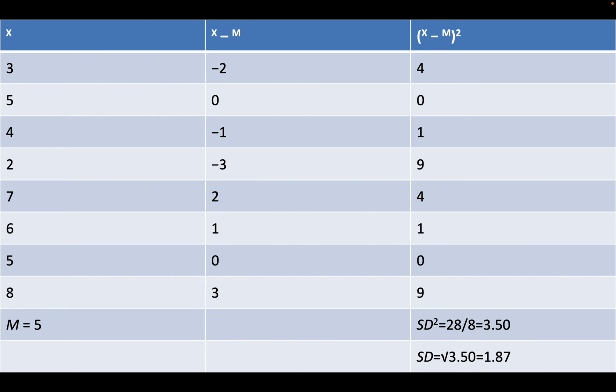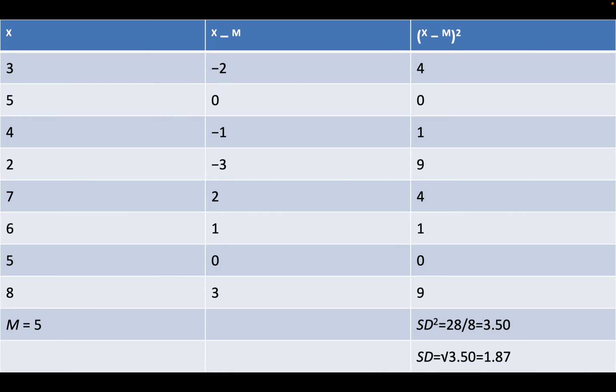And on and on. So when we add all of those up, we get 28. Divide 28 by 8, we get 3.50, and the square root of 3.50 is 1.87. So that's the standard deviation.